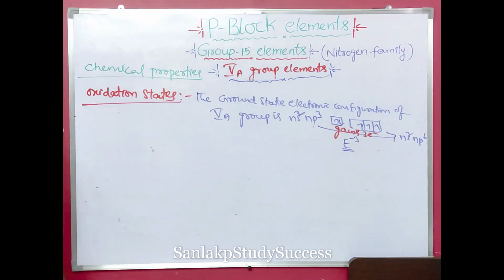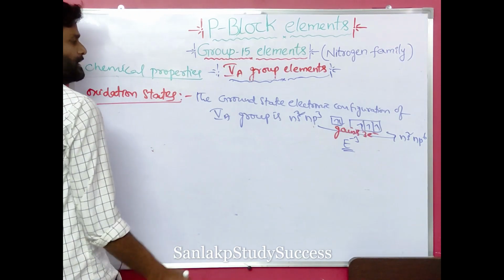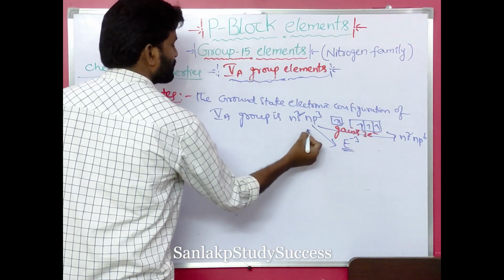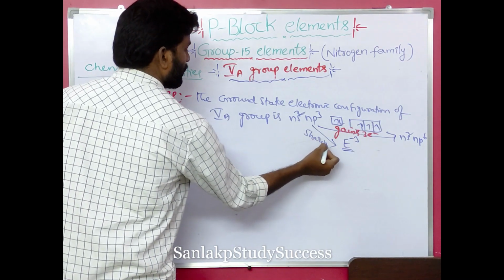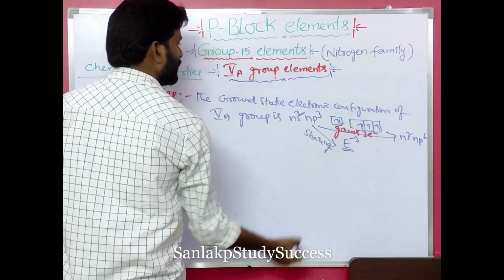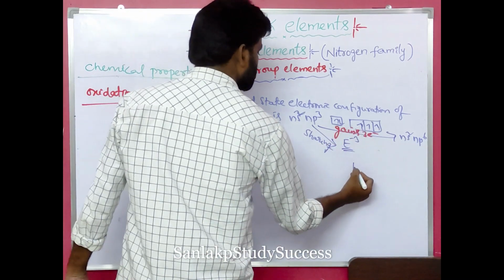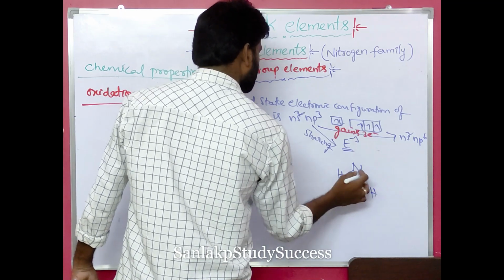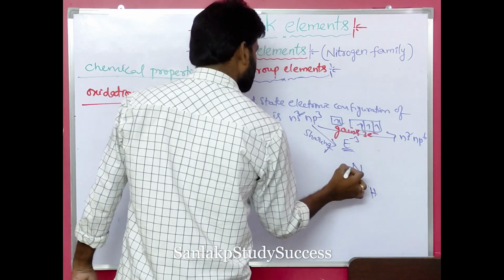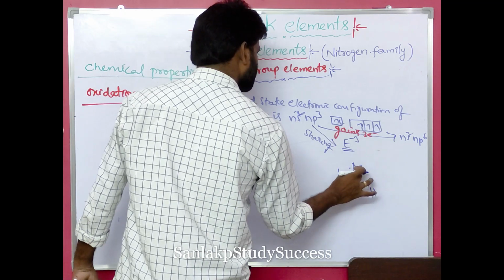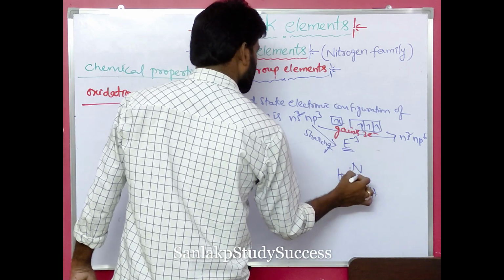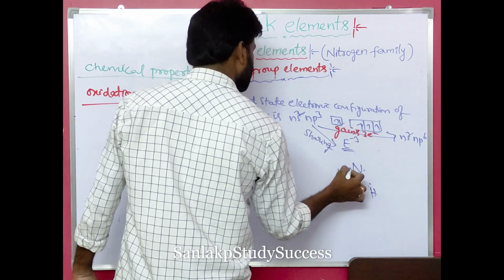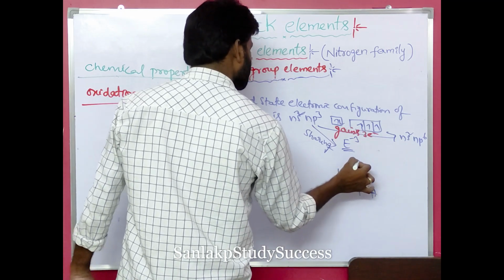Now, sharing of electrons: these 3 single electrons are shared to form, for example, N-H, N-H, N-H. Nitrogen contains 3 single electrons, hydrogen also contains single electrons, and one lone pair is present.